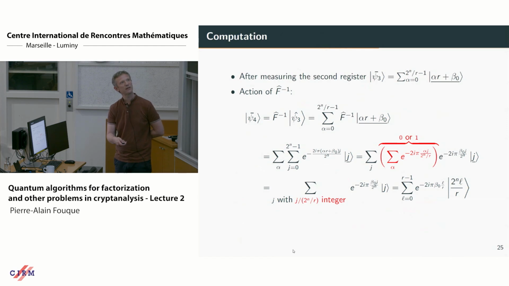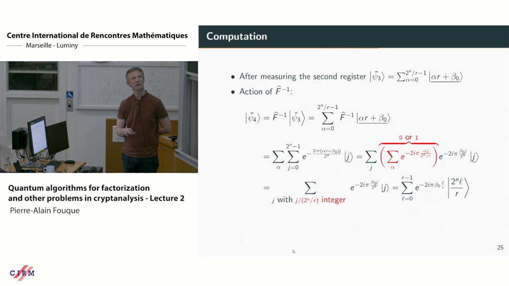And here in fact, if you look carefully, I can apply my lemma, and this sum will be equal to 0 if this term is not an integer. And if it is an integer, the sum will be equal to 1. So here I can replace the big sum just over the elements g such that this value is an integer, and I can replace all of these parentheses with a 1.